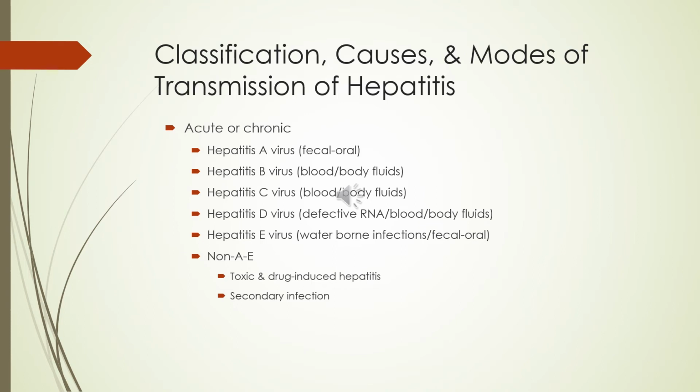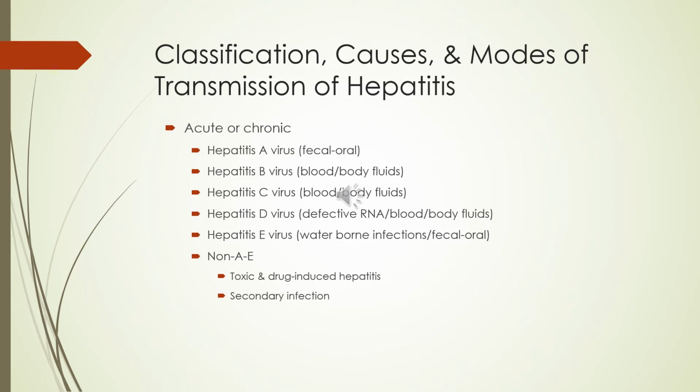They can be acute or chronic, and you'll see we have hepatitis A, which is a virus with a fecal-oral mode of transmission. Hepatitis B is blood and body fluid transmission. Hepatitis C is also blood and body fluid transmission.